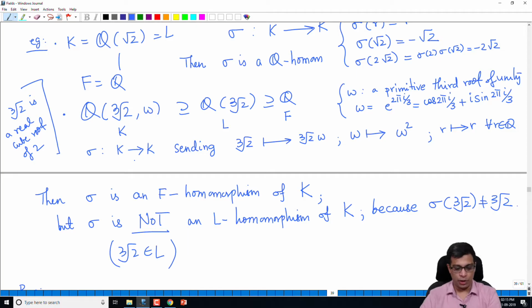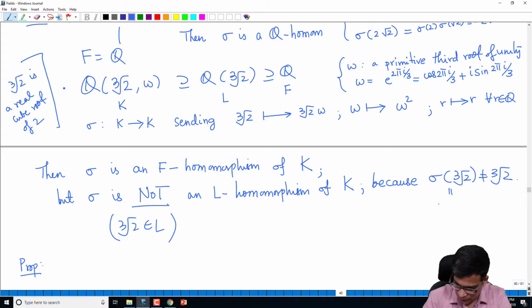Then if you think about it, sigma is an F homomorphism of K, F being the rational numbers, because rational numbers are fixed. But it is not an L homomorphism of K, because cube root of 2 is in L, and cube root of 2 does not go to itself, right? Cube root of 2 in fact goes to cube root of 2 omega, which is not cube root of 2.